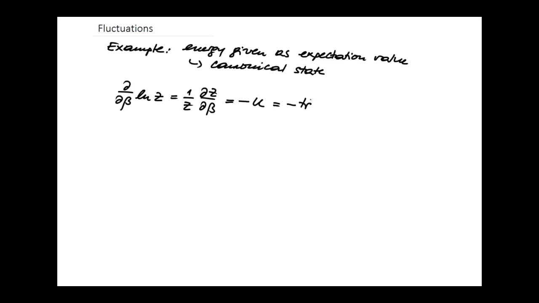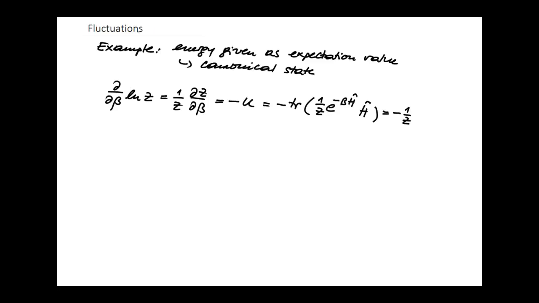Rho is a canonical state, so it has the form 1 over a partition function e to the minus beta H, and then we have the Hamiltonian. This is just an explicit way of writing the expectation value of energy. And we can take the 1 over partition function in front and write this as minus 1 over partition function, trace e to the minus beta Hamiltonian times Hamiltonian.